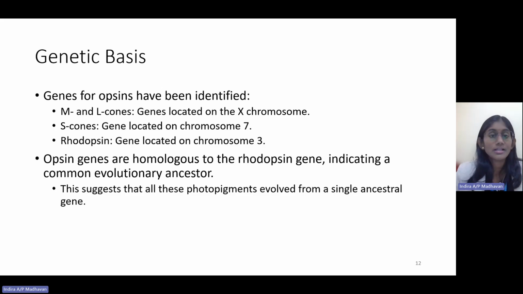As I mentioned, they are carried from parent to offspring and other generations, so whatever you have is carried from your ancestors. While the short cones or the blue cones and also rhodopsins are not carried from one generation to another.